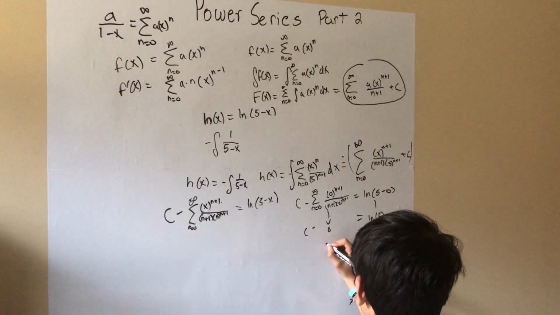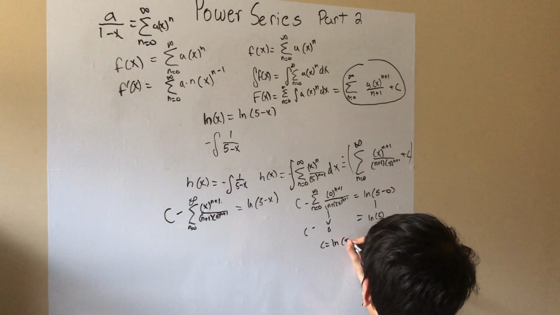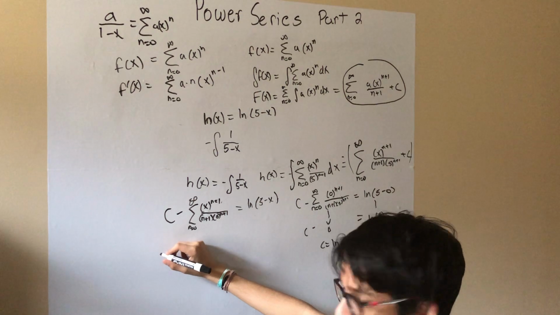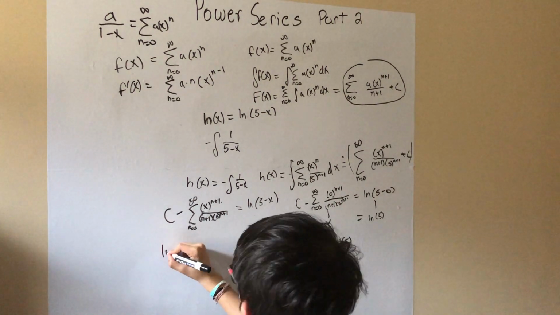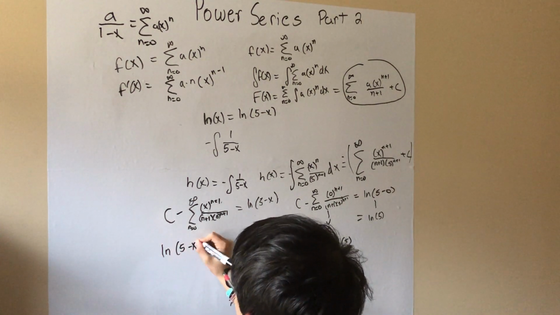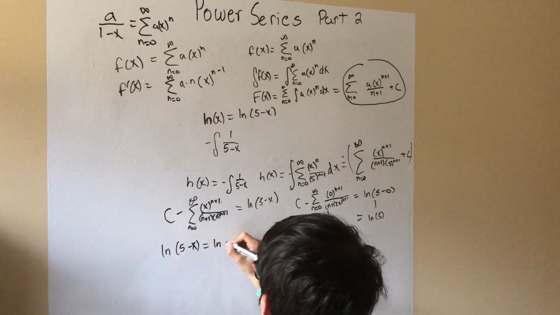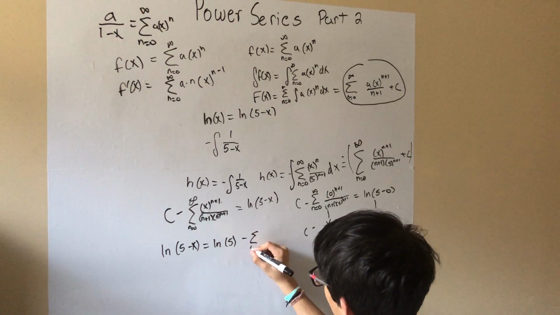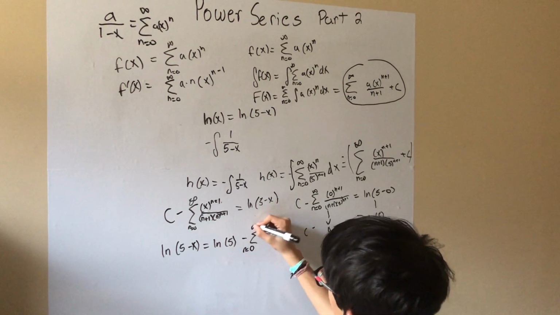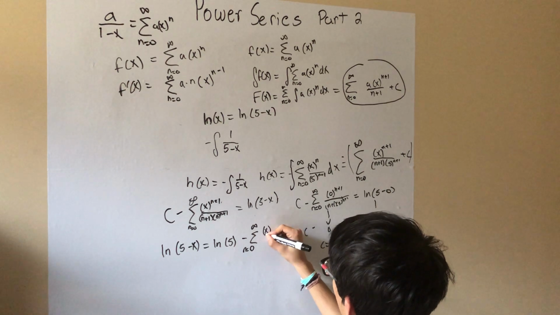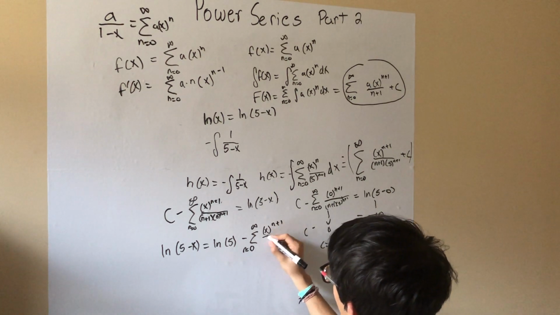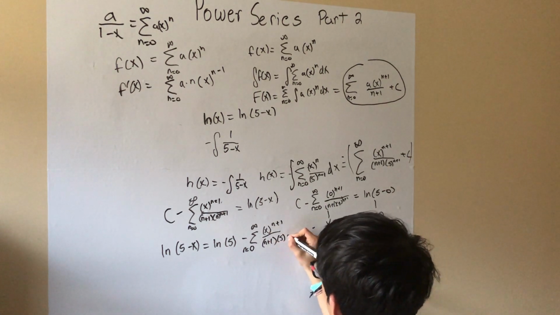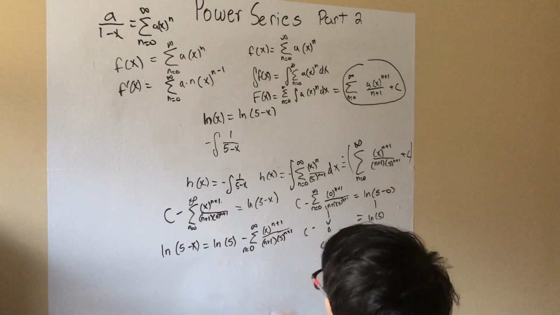So now you get c equals ln 5. So now your final answer here is that the power series representation, so ln of 5 minus x equals ln 5 minus the sum from n equals 0 to infinity of x to the n plus 1 over n plus 1 times 5 to the n plus 1.